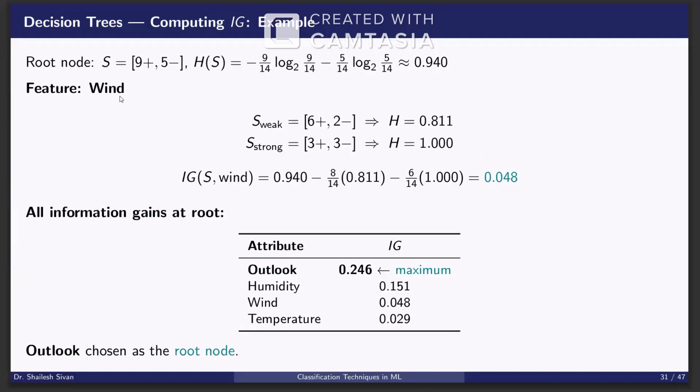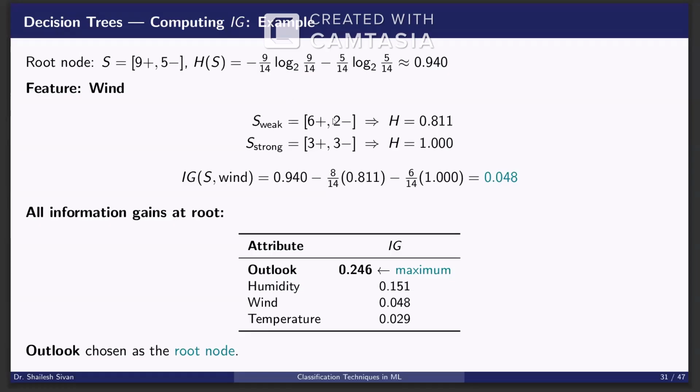Now the wind can be weak or strong. Within the weak subset, we have 6 positives and 2 negatives. For strong, 3 positives and 3 negatives. And here the entropy for weak is 0.81.